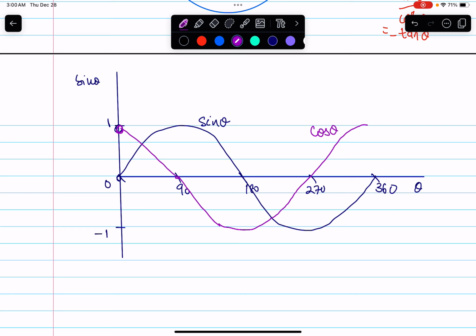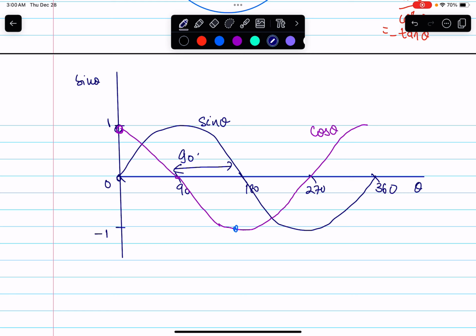You can graph this by just seeing that cosine of 180 is -1, cosine of 90 is 0, and cosine of 0 is 1. What you see is that the angular difference between these is 90 degrees.